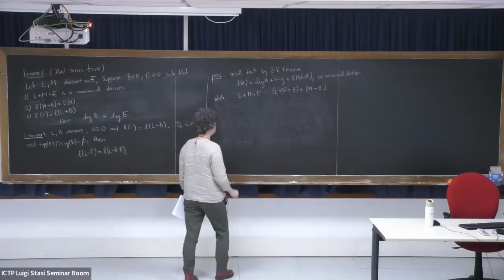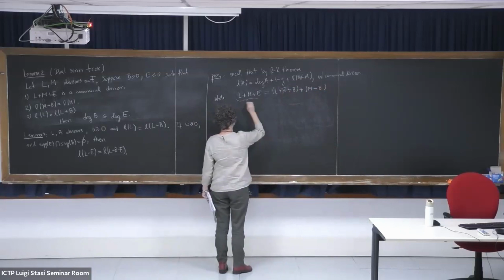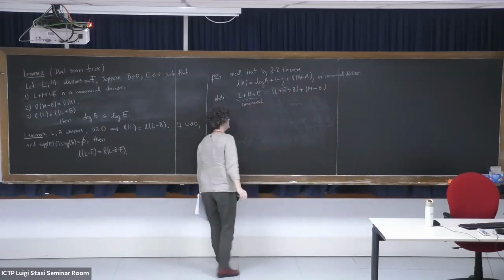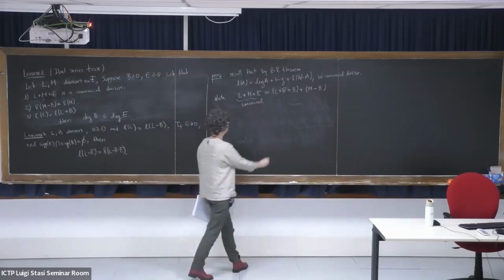We write this as L plus E plus B plus M minus B. By hypothesis, this is canonical, so I can compute this dimension.